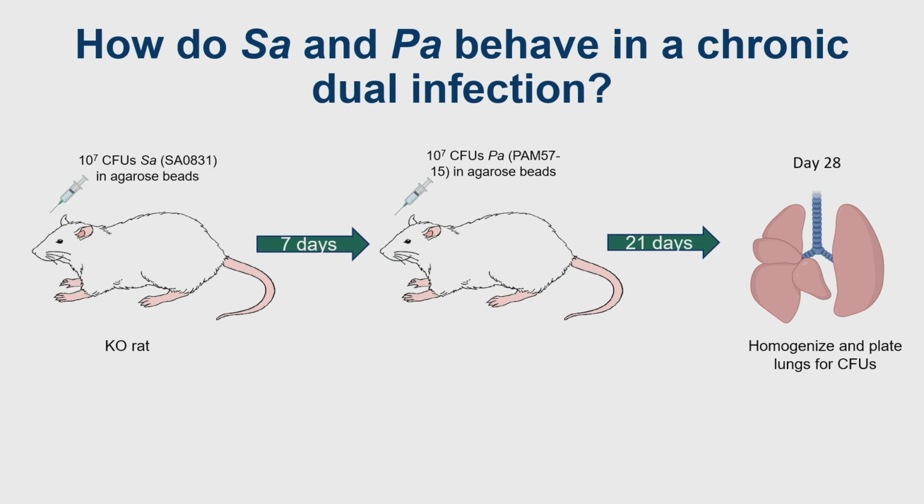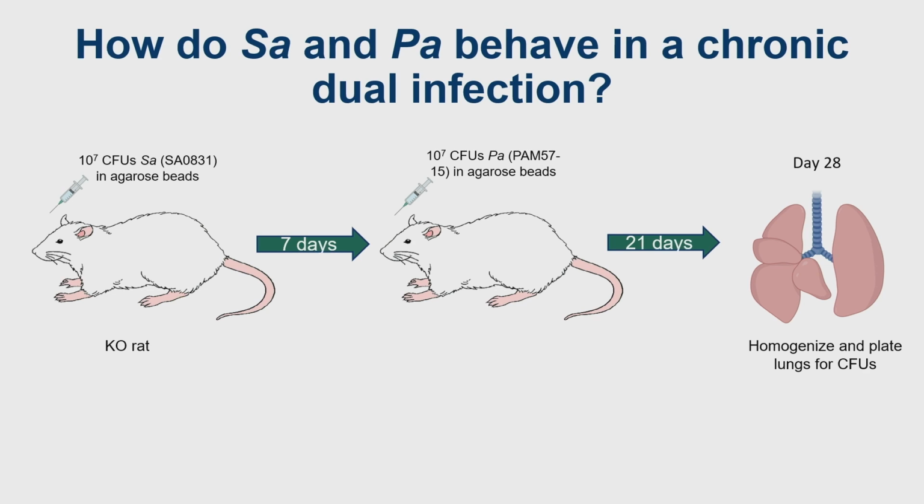We let that infection go by itself for 7 days. At the end of the 7 days, we then either continued with just the single Staph infection, or we infected with Pseudomonas aeruginosa. The isolate we used is PAM5715, a mucoid strain of Pseudomonas also collected from the lungs of someone with CF. Then we let that infection go for another 21 days, for a total of 28 days.